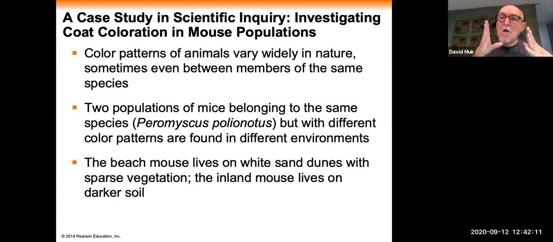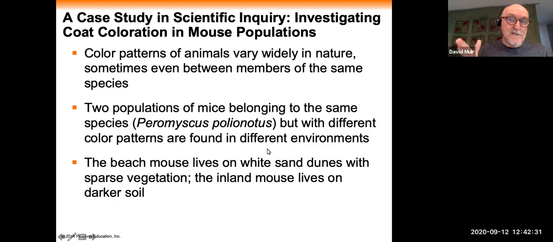Hypothesis. The color depends on their environment. The color matches to their environment so that they are camouflaged. That is a hypothesis. Here's a case where this is actually true. It's a little mouse called Peromyscus polionotus.